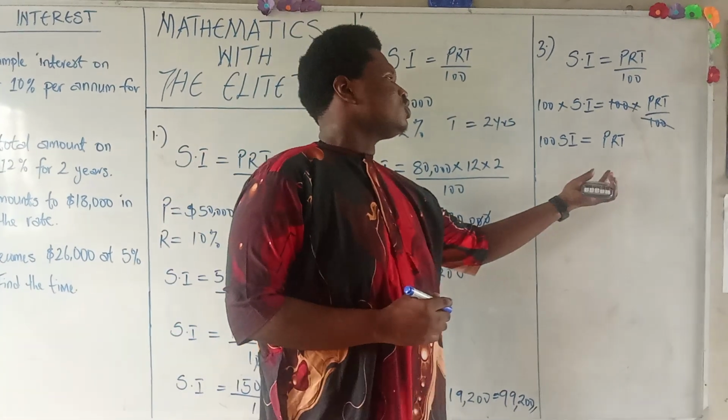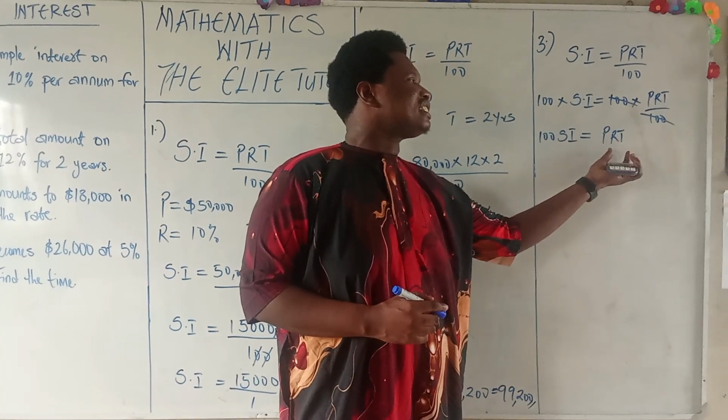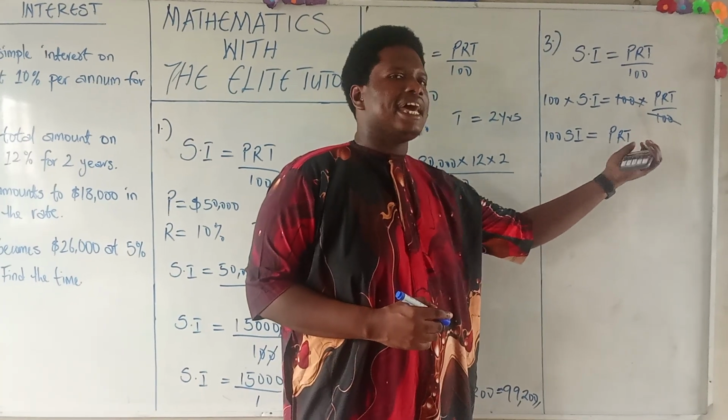Now don't forget, I want to make R the subject. So in order for R to stand alone, I'm going to divide both sides by P and T, so that R can be alone.